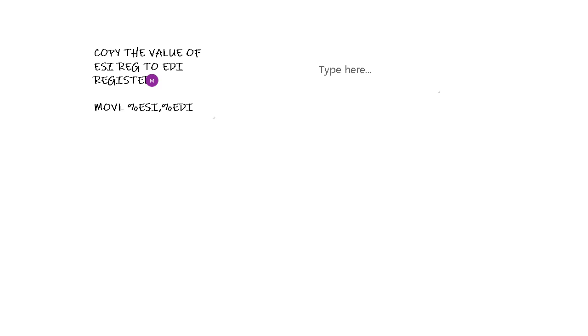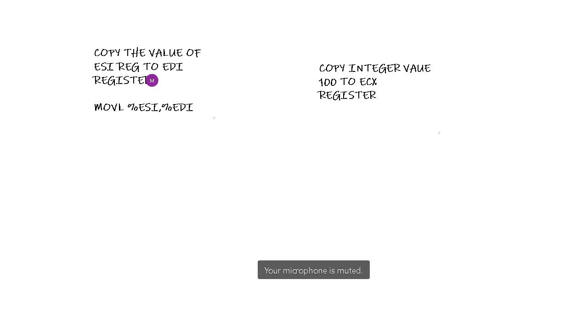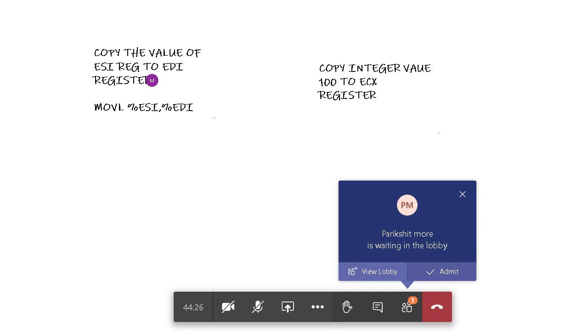Pavan, what's the answer for this? For copying, what's the instruction? MOV, with L. Okay, MOVL.